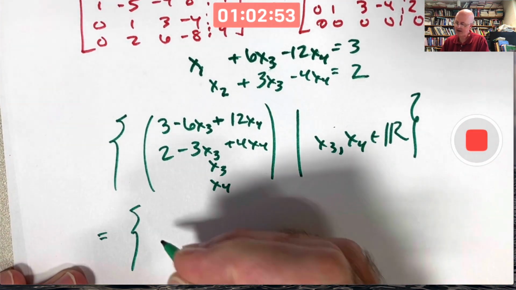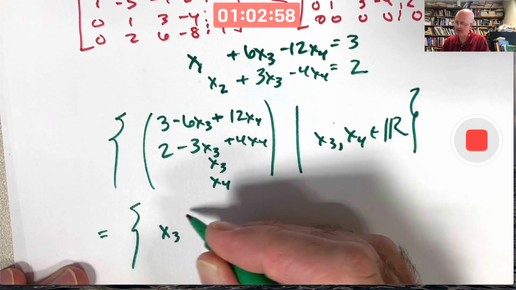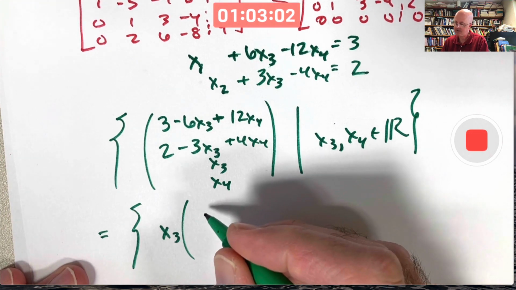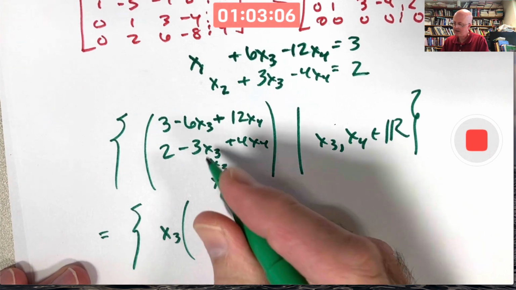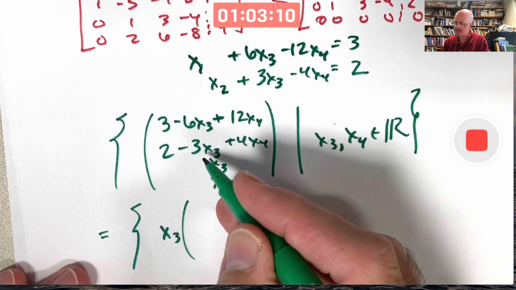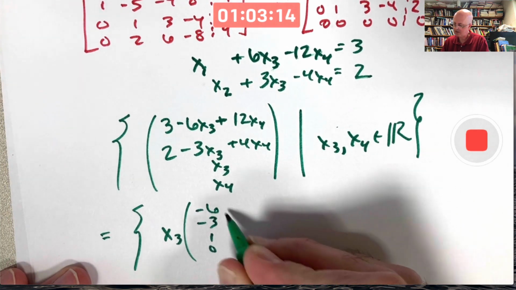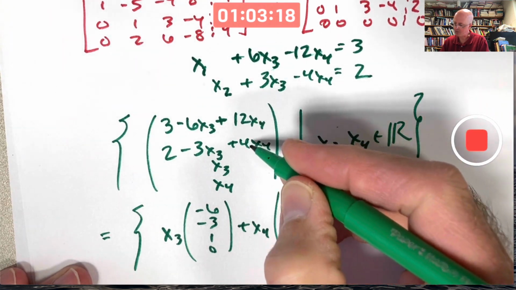You can split this vector up into a linear combination of 2 vectors where x3 and x4 are the scalars in front of them, the weights, and also a constant vector as well. x3 is in front of a vector with components -6, -3, 1, 0. x4 is in front of a vector with components 12, 4, 0, 1.